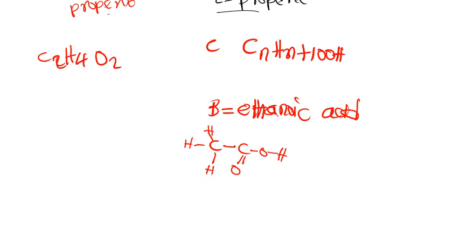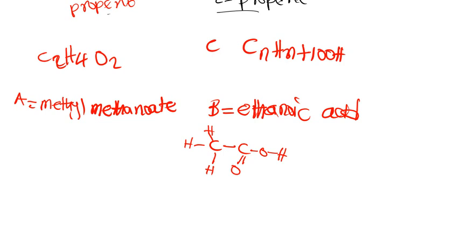Then our A is an ester having two carbons, so it will be methyl methanoate.